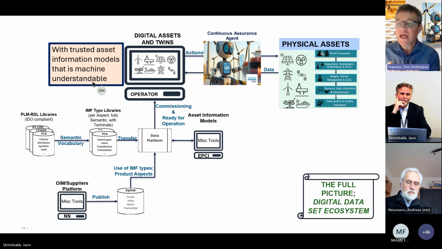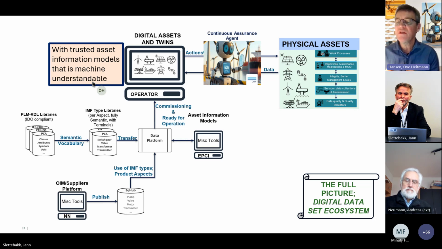Because we would like to know that my model is actually representing the physical asset as-is when I need it. So we need to make sure that we have a risk assessment, so that what we do on the physical asset is actually represented in the digital asset. The other thing is, of course, all the sensors and all the instrumentation.